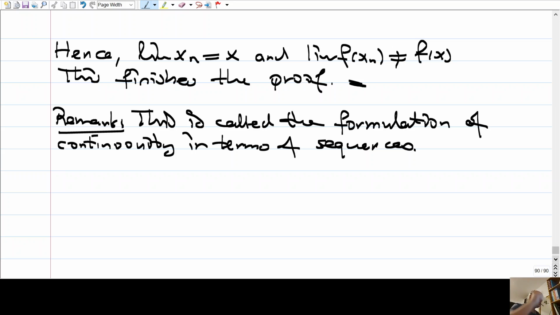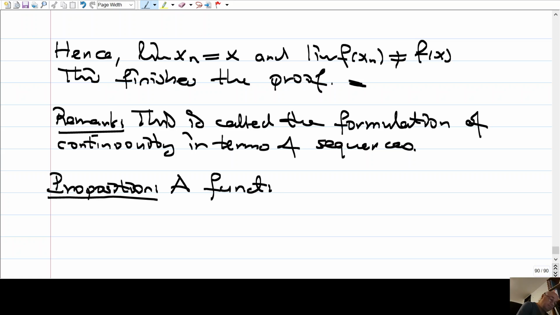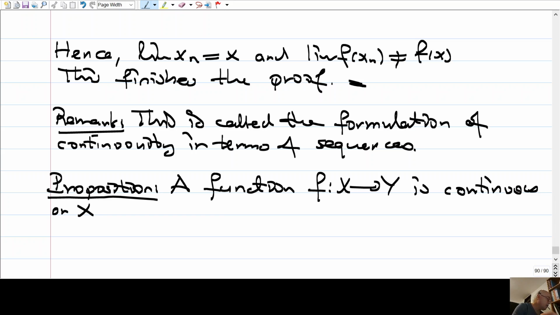Okay, so here is another one. A function f from X to Y is continuous on X if and only if. Continuous on X means it is continuous at all points. In the above definition so far we considered only continuity at a point, right?